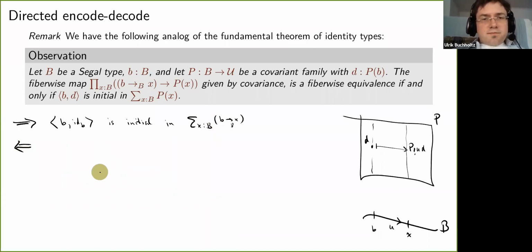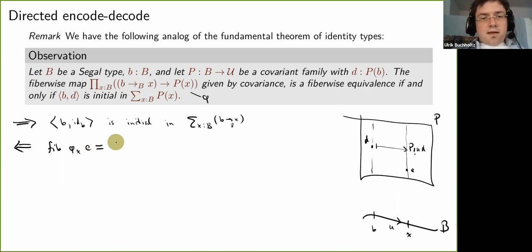In the other direction, let's look at a fiber of this map. Let's call this map phi. So the fiber of phi at X, at an element E. Let's say I have an element E over here. What is that?